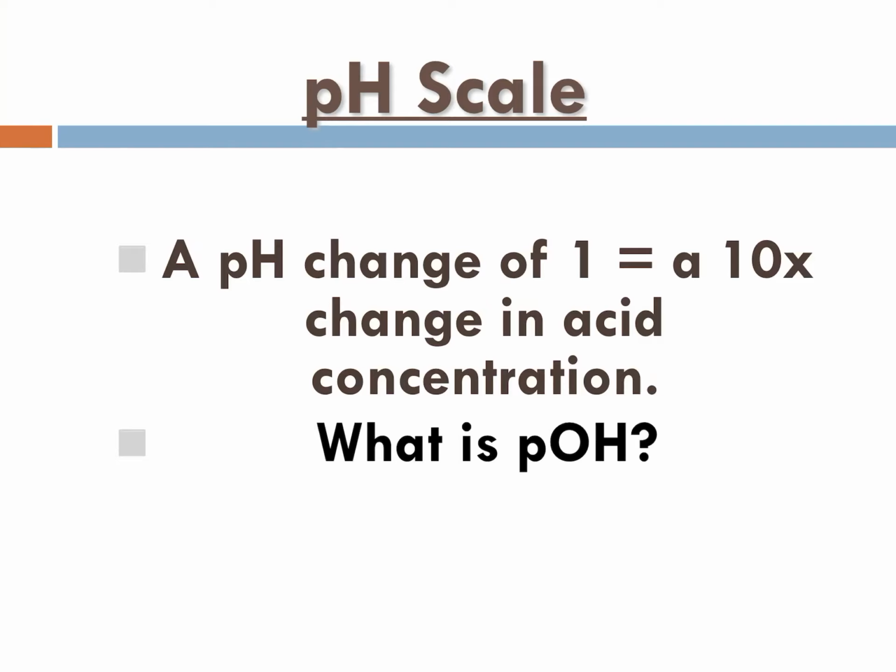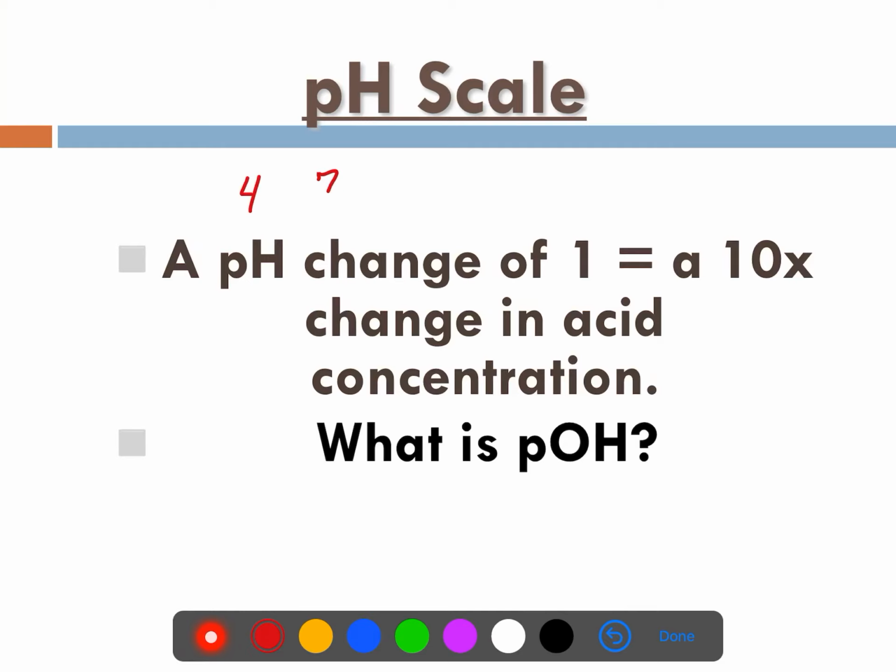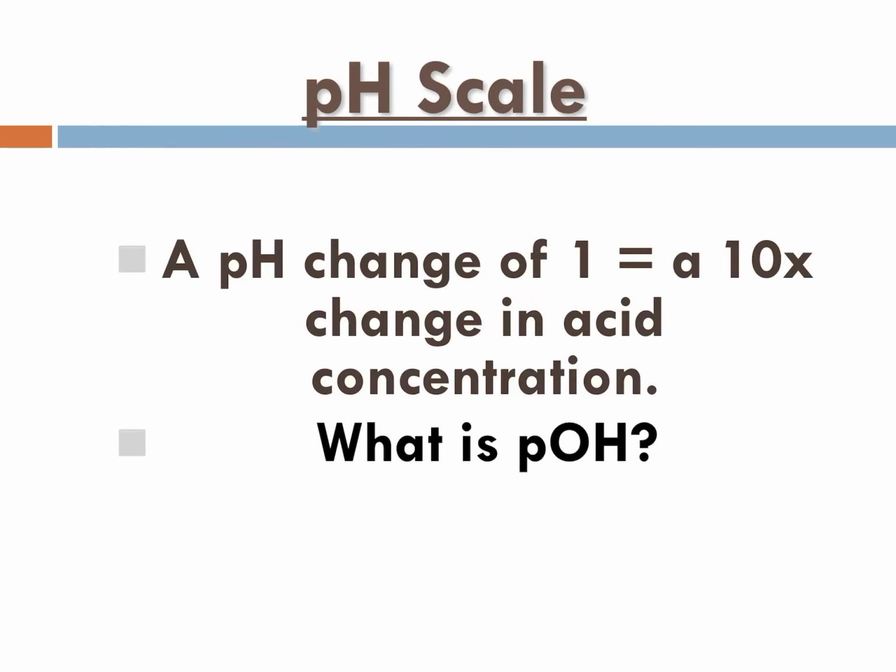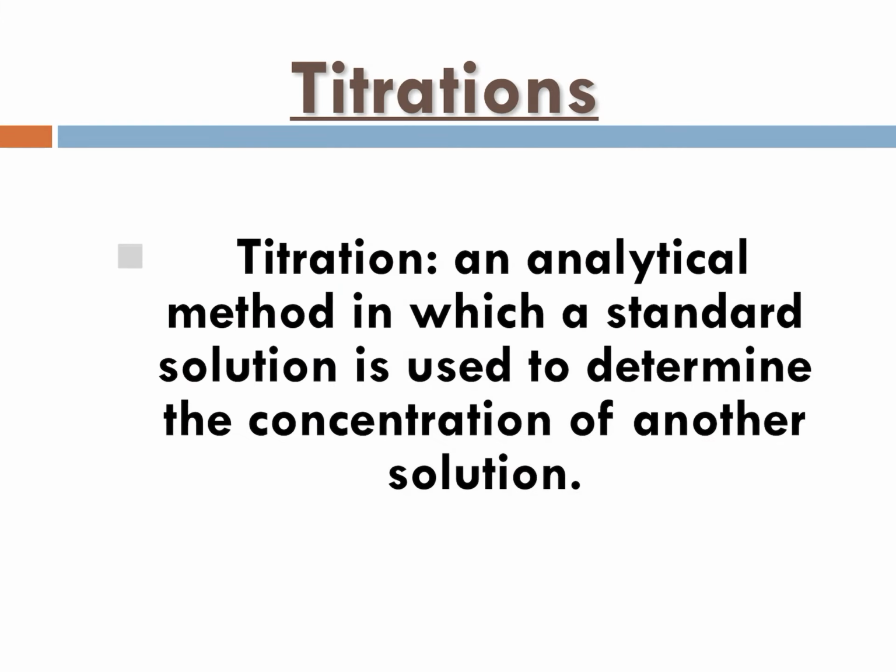And if a jalapeno had a pH of 4 and we had neutral water at a pH of 7, that's a difference of 3. So 10 to the third, we would say that the jalapeno is 1,000 times more acidic than neutral water.